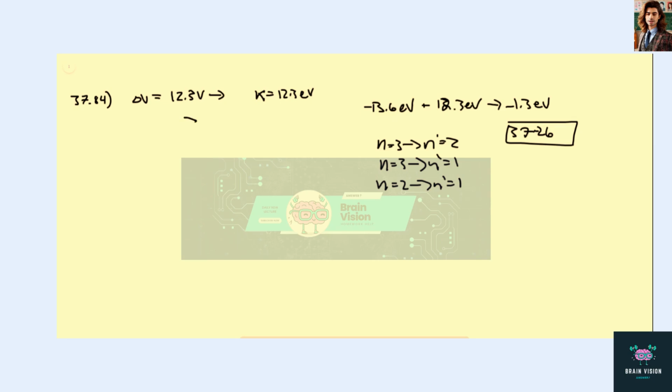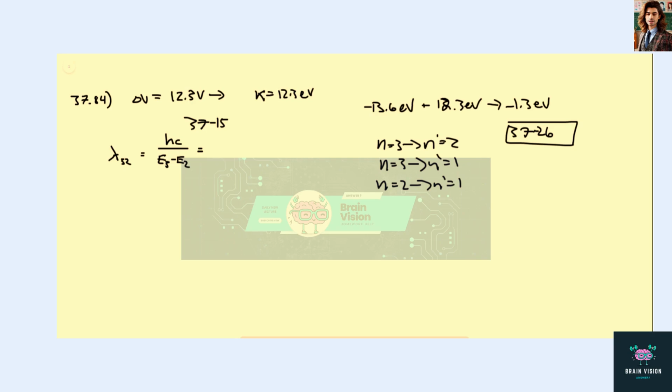So we can calculate the wavelengths by using equation 37.15. First of all, the wavelength from n equals 3 to n prime equals 2, we write as lambda 32 here. And this is given by hc over E3 minus E2.